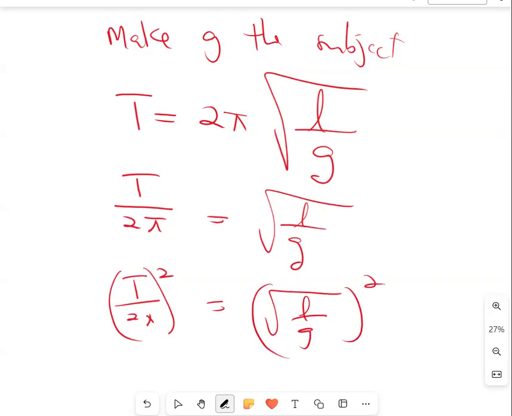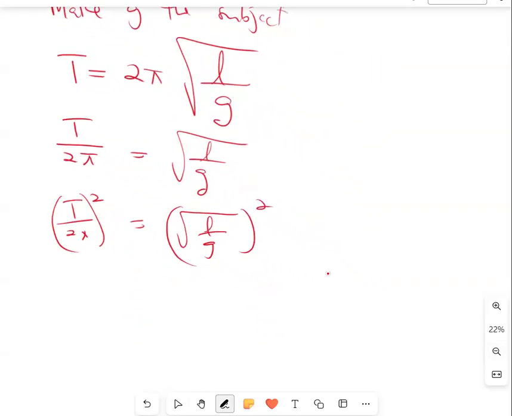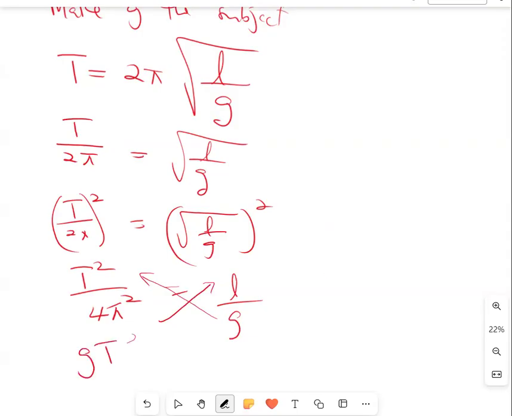And you end up with T squared over 4 pi squared, since 2 squared is 4, equals L over G. So what we could do now is cross multiply, and you will end up with G T squared equal to 4 pi squared L.